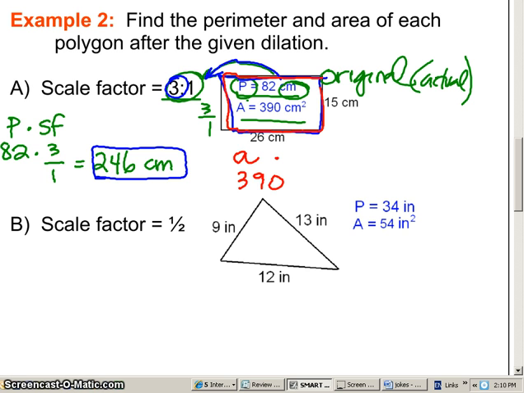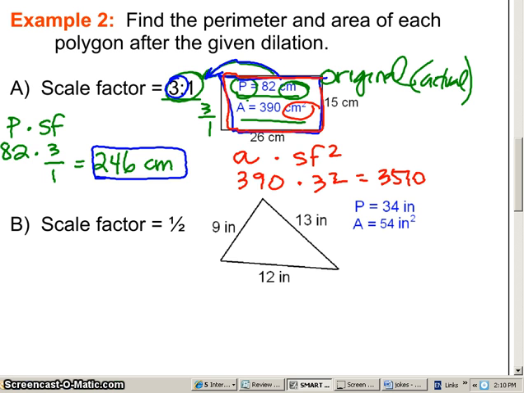Scale factor squared. What's the scale factor again? 3. So you're going to take 390 and multiply it by 3 squared, which is what? 3 times 3 is? 9. So 390 times 9 equals 3,510. And again, what are our units?